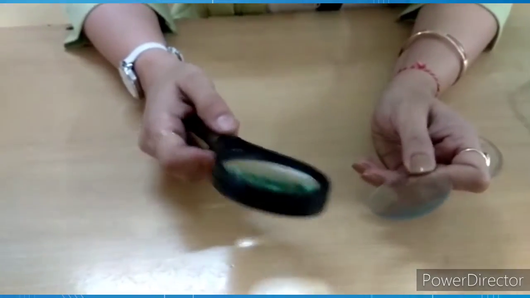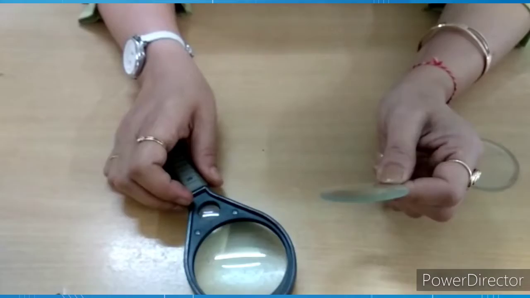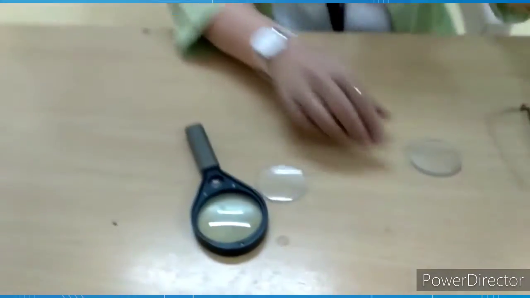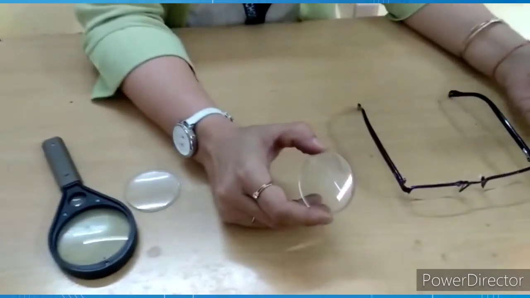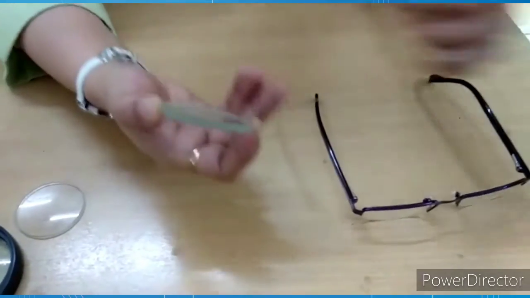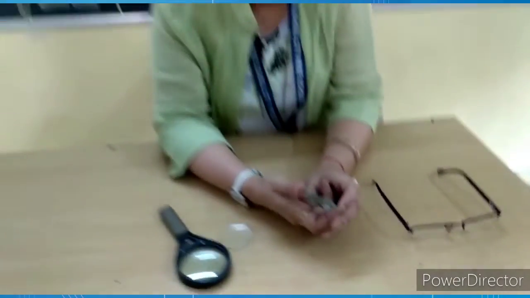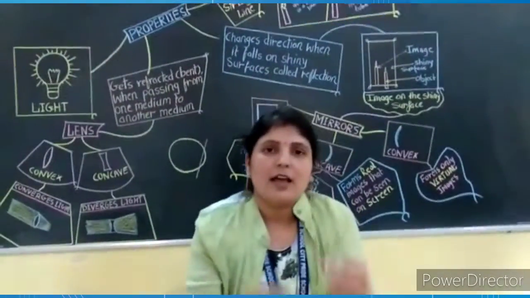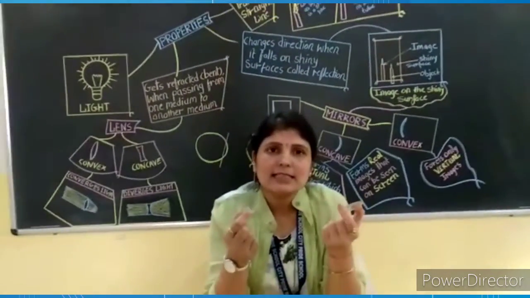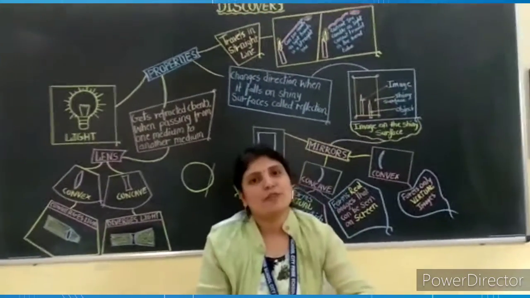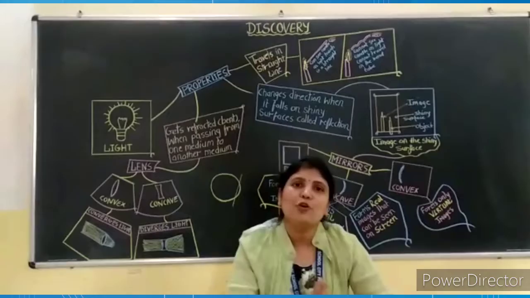It is also used in microscopes. And the concave lens is used in specs. It is also used in binoculars. So, the main thing is that lenses are used for refraction of light. I hope you got it.